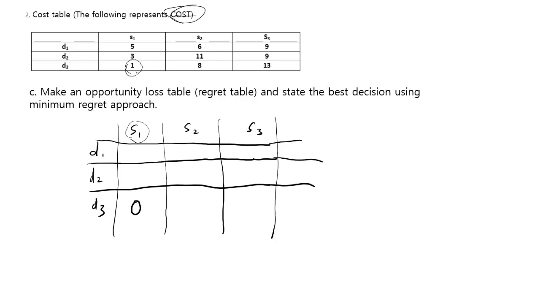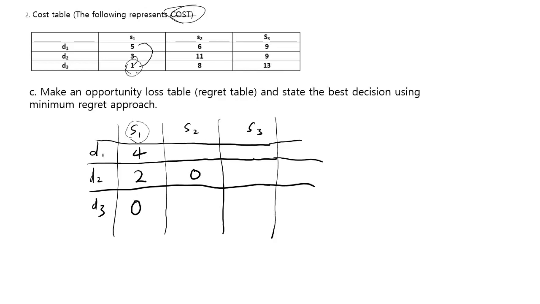So always look for the best decision, and put 0 for that. Now, the regret for other decisions will be the difference from the best decision. So D2 has 3 as the number. The difference between 3 and 1, where 1 is the best decision, is 2. So D2's regret is 2, whereas D1's regret is 4. For S2, the best decision is 0.